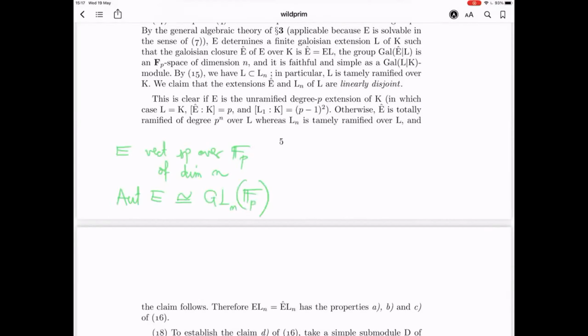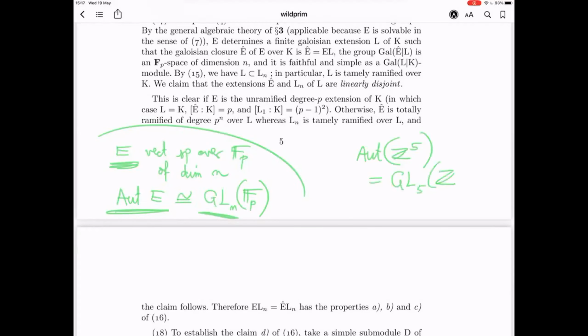Same meaning, isomorphic. So that's the relation between automorphisms of a group and GL_n. So, for example, if you take all the automorphisms of the group Z^5, that's also going to be GL_5 of Z.